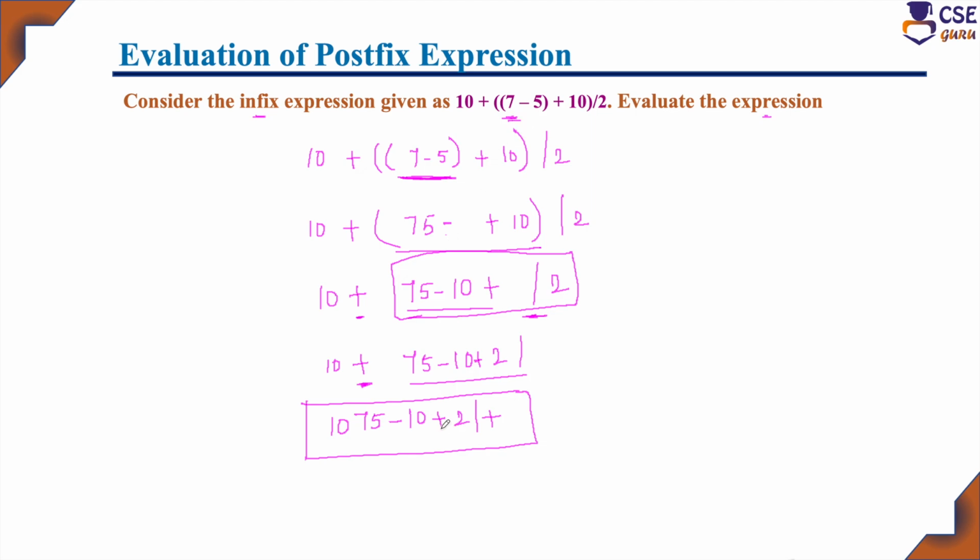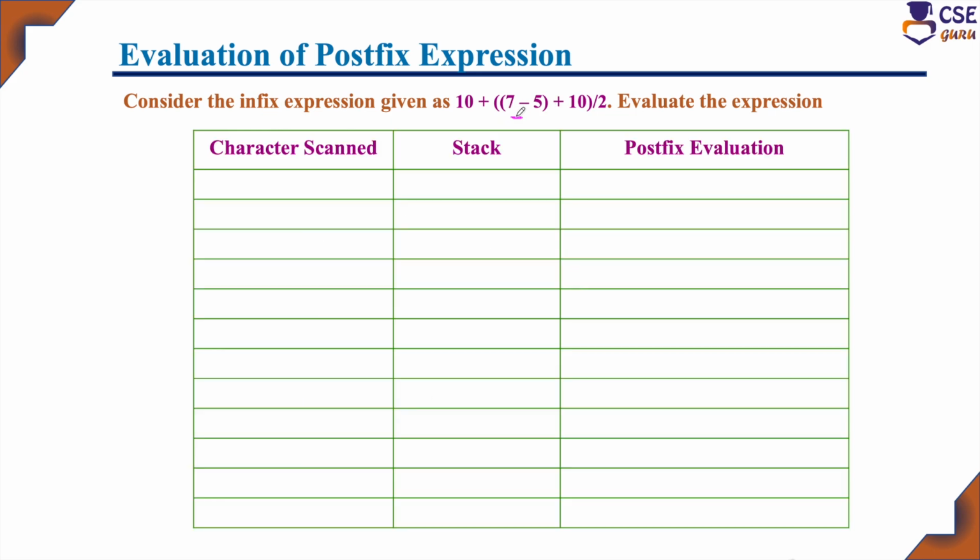And this expression we are going to evaluate with the help of the stack data structure. Now, you have converted this infix expression into postfix expression. What is the postfix expression you will get? It is 10 7 5 minus 10 plus 2 division plus.